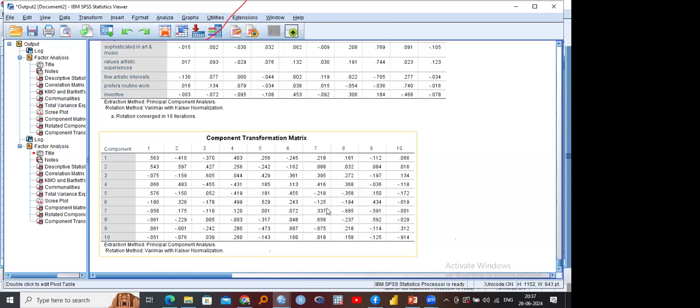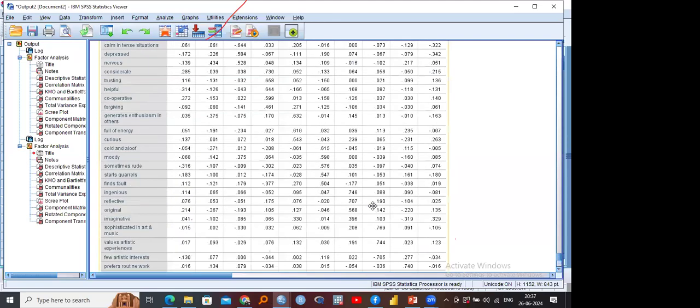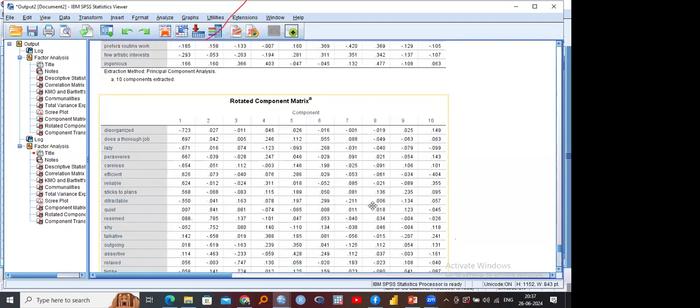Can you go to the previous table, madam? This is Dr. Vinay, madam. Can you go to the previous table where we have seen factor one with 0.7 something? This one? Yes. Madam, here you said that the first one, disorganized, does a thorough job, lazy.